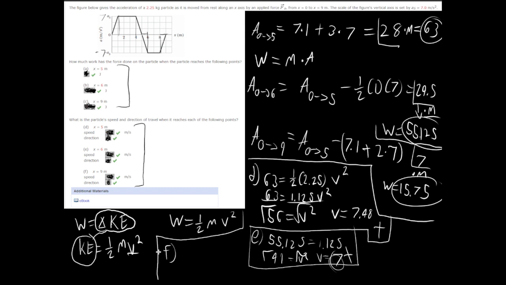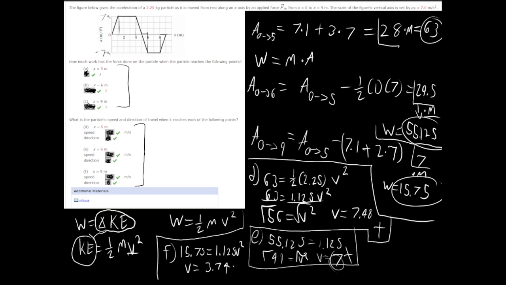And right here, we have work of 15.75 equals 1.125 V squared. 15.75 divided by 1.125, that's 14. Square root of 14. We have a velocity of 3.74.